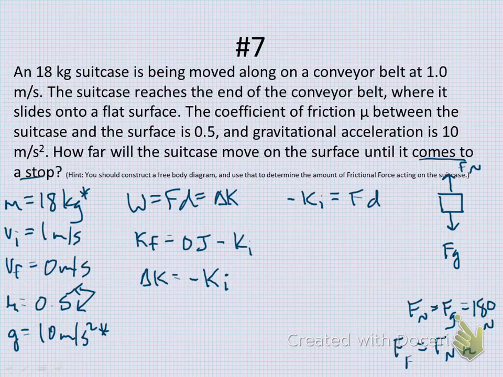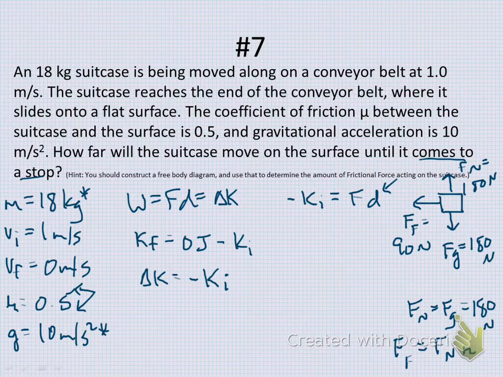So 180 times our coefficient of friction of 0.5 is going to give us a force of friction that's equal to 90 newtons, because the normal force is 180 newtons, because the Fg is 180 newtons. All right, so now we have our force, and what we are trying to find is displacement.